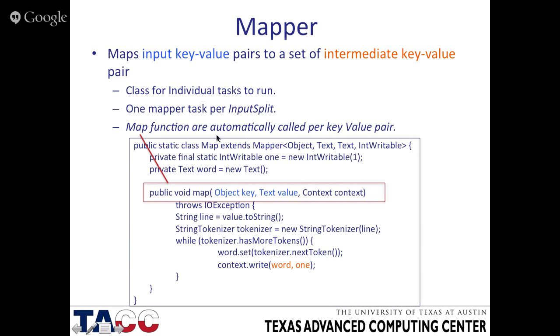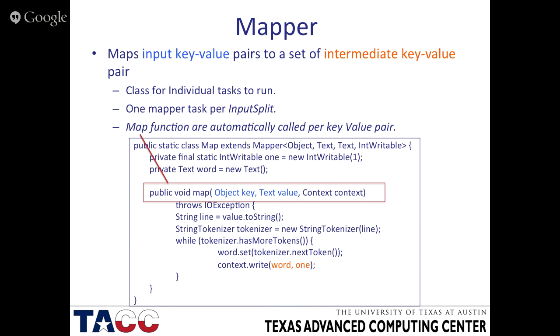Also, in this case, the map function will be automatically called per key value pair. Your input split consists of a set of key value pairs, and the map function you implemented inside your mapper class will be automatically called on each of those key value pairs available in that particular subset of data.